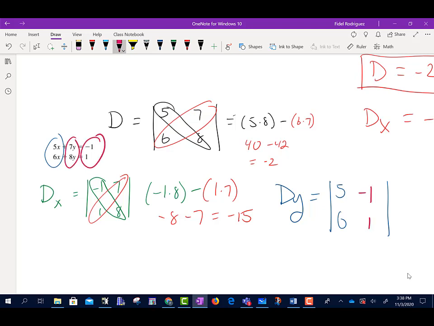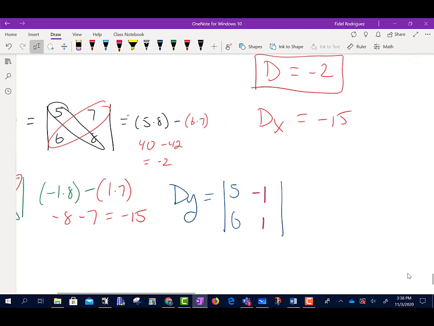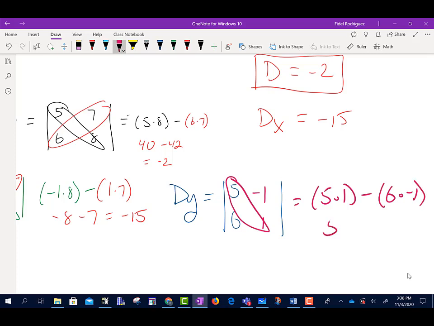So -1 and 1. Okay, and I'm going to multiply. So we're going to have 5 times 1 minus 6 times -1. This is 5 minus -6. So this becomes plus. So this is going to give me 11. Okay. So now we know that dy is equal to 11.